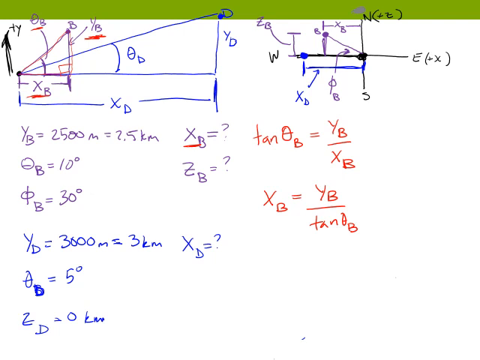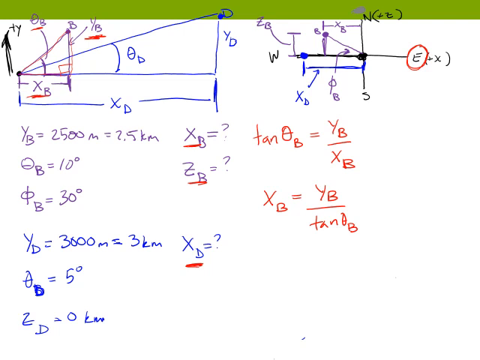And at this point, I'm going to let you go through and solve for the other two components that we need. Go ahead and use your trigonometry and the values you've been given to find out what the z component for my Boeing is and what the x component for my Douglas is, so that we can then write out our position vector. One thing to remember is that we chose east to be our positive direction.